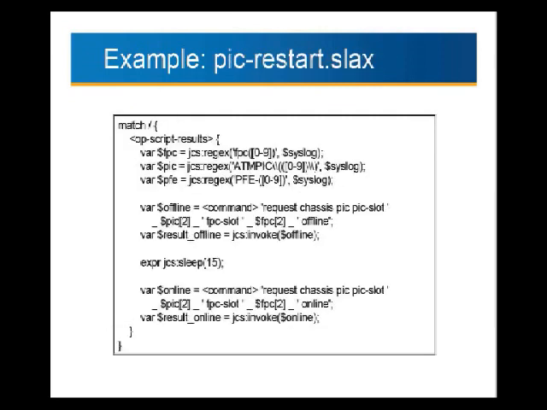This particular script does a couple of regular expressions to pull out the FPC, PIC and PFE, and then simply issues an offline request for that PIC, waits 15 seconds, and brings it back up.